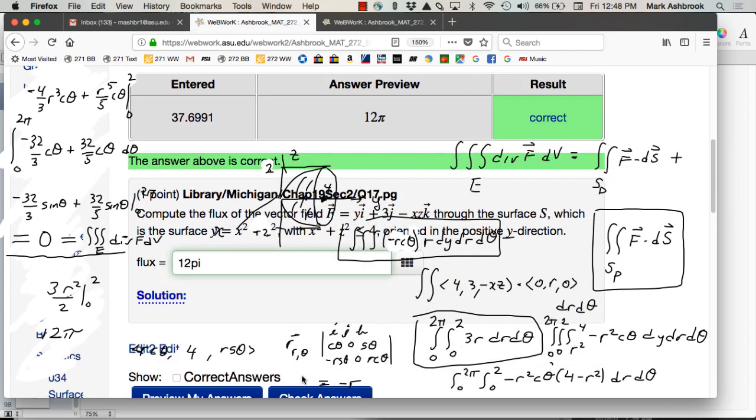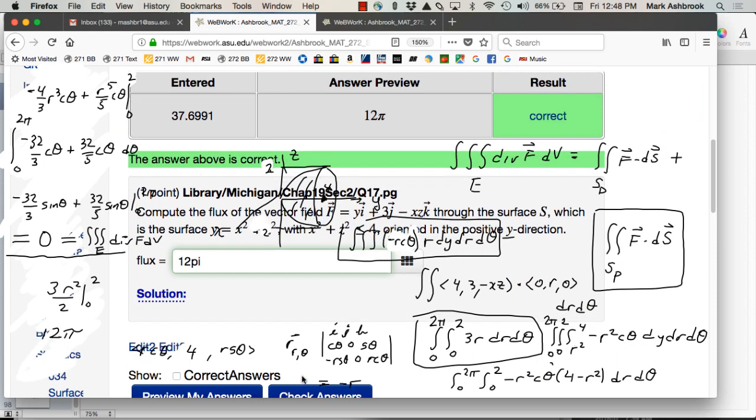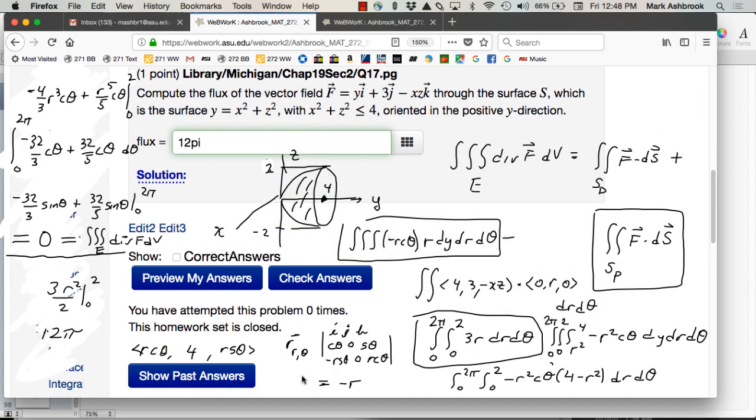I think that comes back to what I was talking about with doing polar coordinates on this disk right here. There's an extra negative: if x is r cosine theta and y is r sine theta, that's actually opposite the right-hand rule.